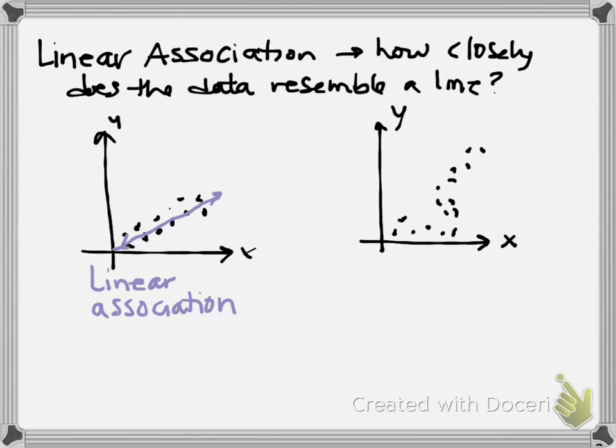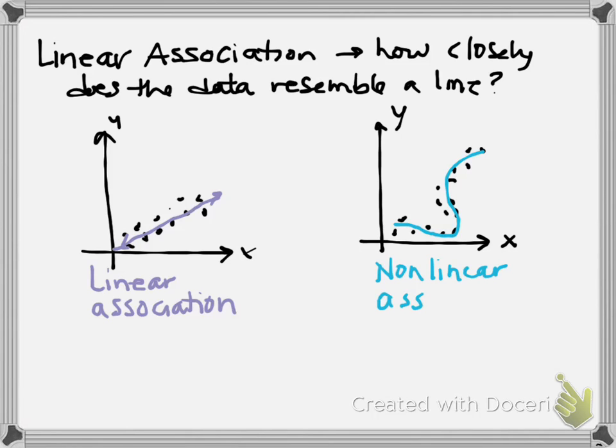But this other one kind of looks like a weird S shape. And that's not a linear one, that's more of a curve, so we call that a non-linear association. When it most looks like a line, just like the one that we had right in front of us.